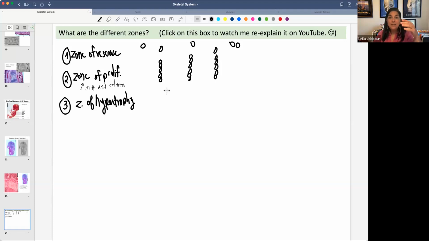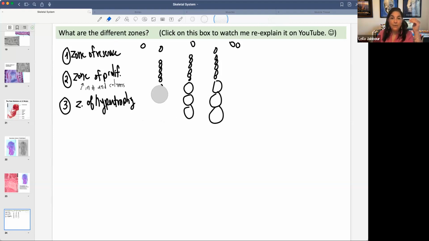Hypertrophy is a word you really need to know. It's the swelling of the lacunae. So these lined up cells in their lacunae are now swelling up, and they know something is not good. Let me swell these up a little bit more.